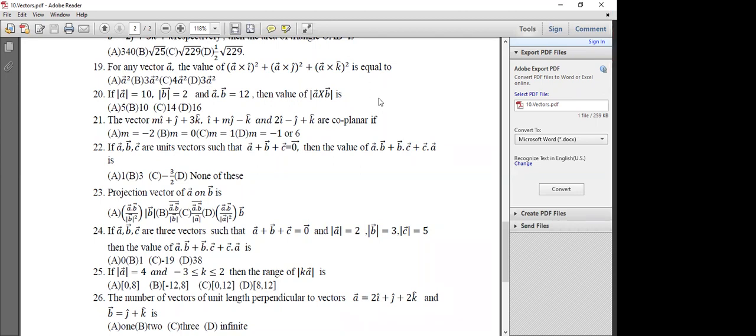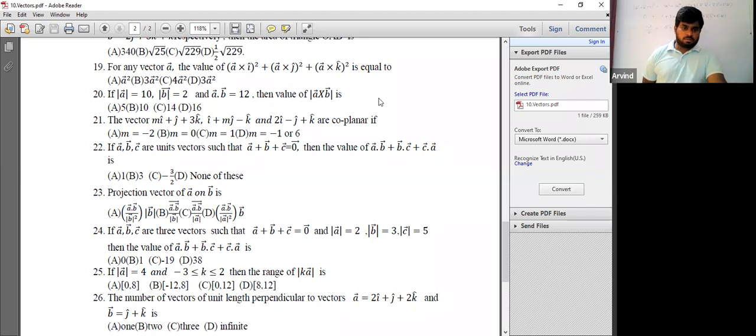Yeah, is it correct? Minus 19, sir. Yeah. So 2 square plus 3 square plus 5 square gives 38. Dividing that by 2 gives minus 19. Yeah, option C will be correct.